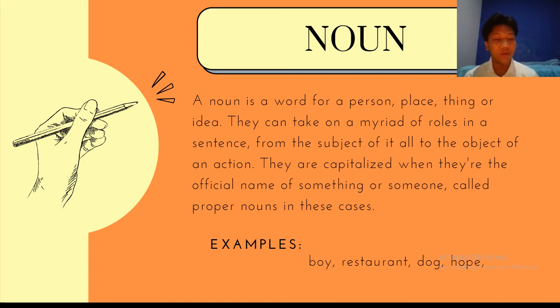A noun can function in a sentence as a subject, a direct object, an indirect object, a subject complement, an object complement, an appositive, an adjective, or even an adverb. And you can see the examples of noun: boy, restaurant, dog, and hope.